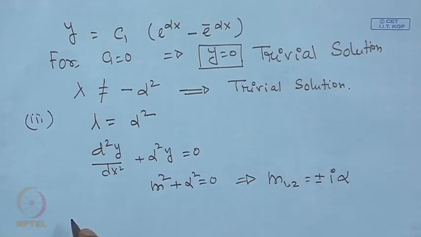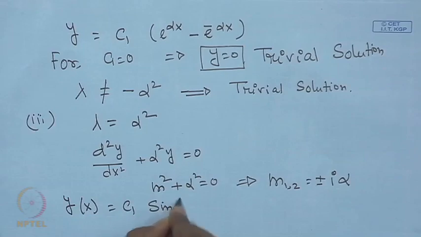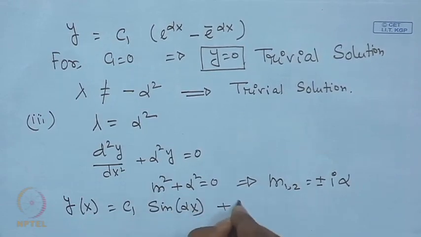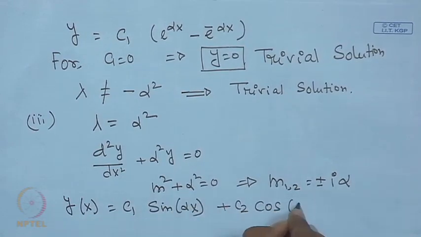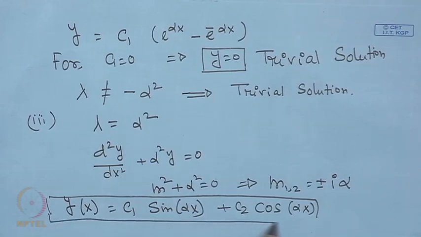So the solution of this equation is a combination of the periodic functions, sine functions and cosine functions. So y is equal to C 1 sine alpha x plus C 2 cosine alpha x is the solution to this problem. Now we apply both boundary conditions to evaluate the constants C 1 and C 2.